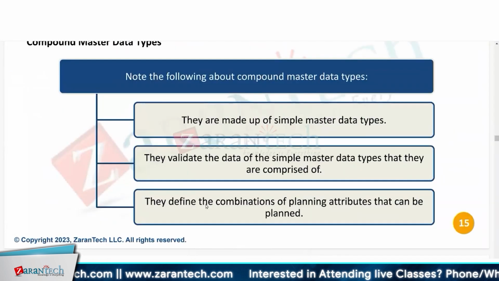Compound master data types are made up of simple master data types. They validate the data of the simple master data types, and they define the combination of planning attributes that can be planned. So one planning attribute can be related to the customer price, which is linked to the product as well as to the customer.